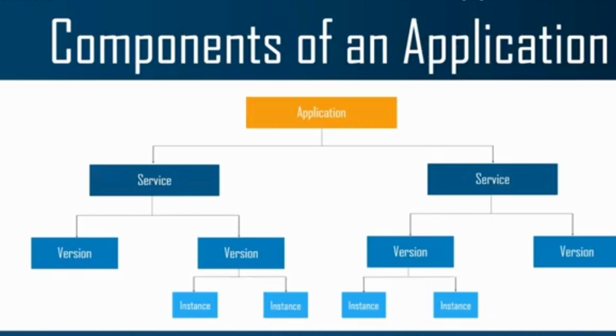The following diagram illustrates the hierarchy of an App Engine application running with multiple services. In the diagram, the app has two services that contain multiple versions, and two of those versions are actively running on multiple instances. So let's understand services.